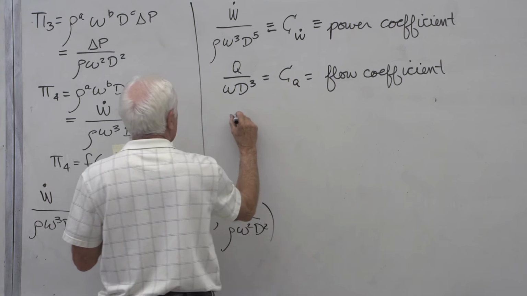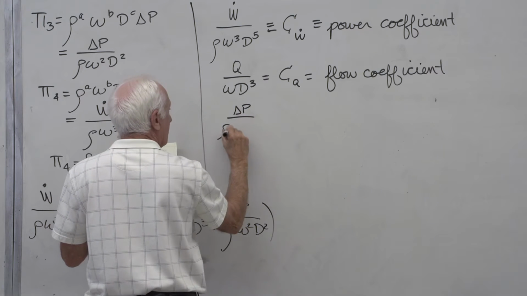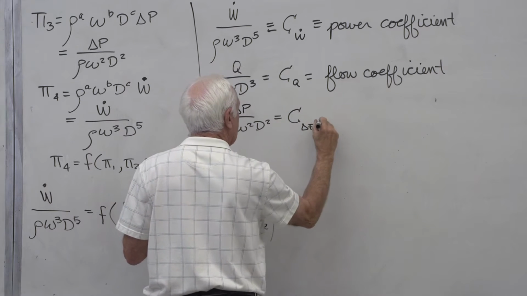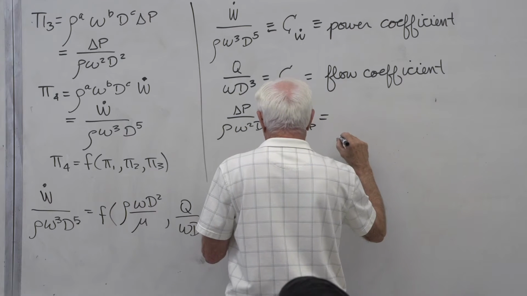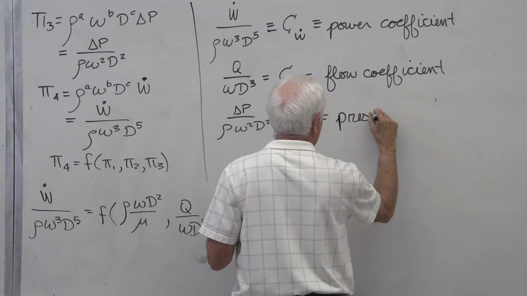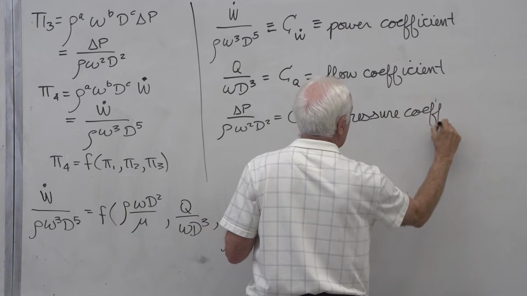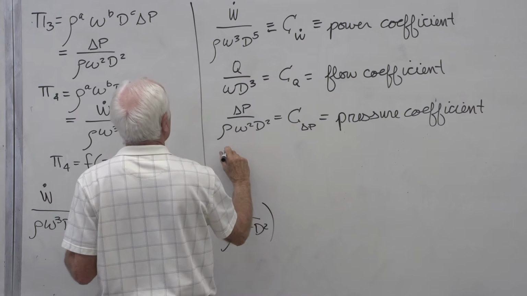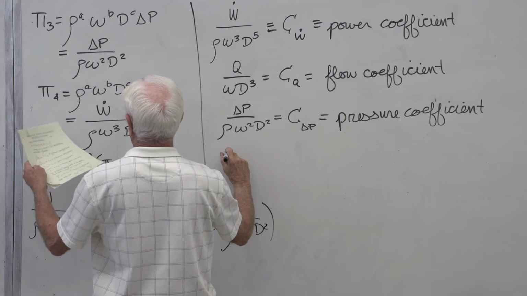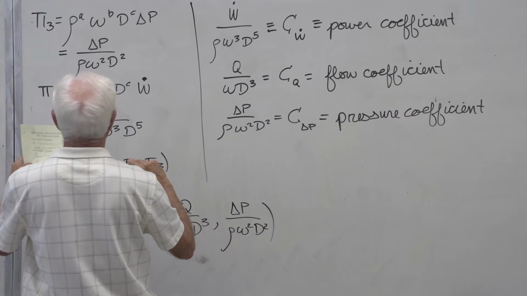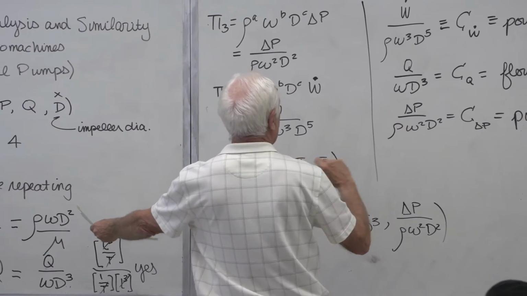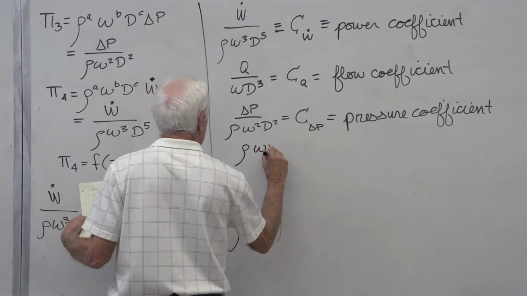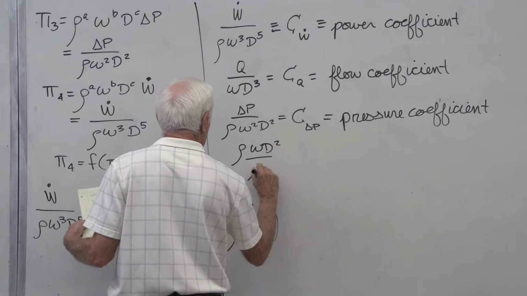And then we have the delta P over rho omega squared d squared. We call that C delta P. And that's the pressure coefficient. And then the last one down there: we've got the W dot, we got the delta P, we've got the Q, we need this guy, the rho omega d squared over mu.